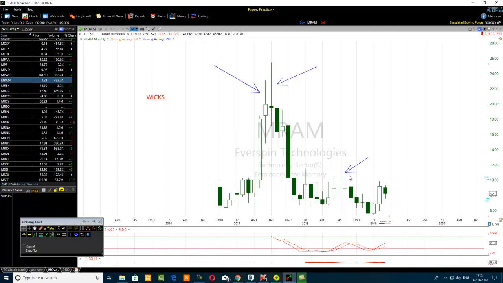So in order to understand the wicks or to trade them correctly, you want to understand the market makers. The market makers are filling orders. They provide liquidity for the market. They want to fill orders.